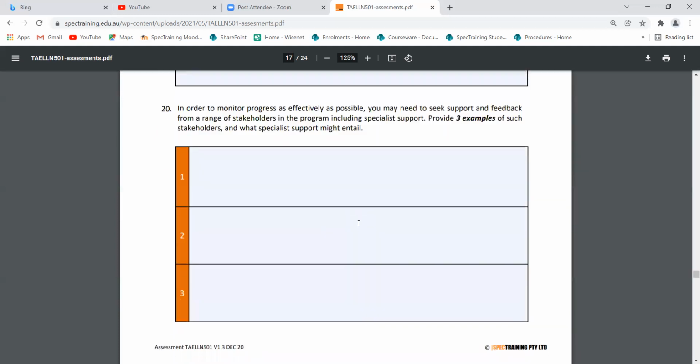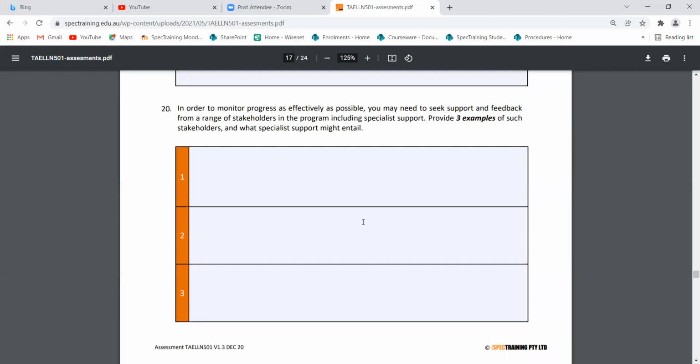Question 20. In order to monitor progress as effectively as possible, you need to seek support and feedback from a range of stakeholders in the program, including specialist support. Provide 3 examples of such stakeholders and what specialist support might entail. Okay, so as I mentioned in the previous question, we were talking about the LN specialist being involved. Let's see.